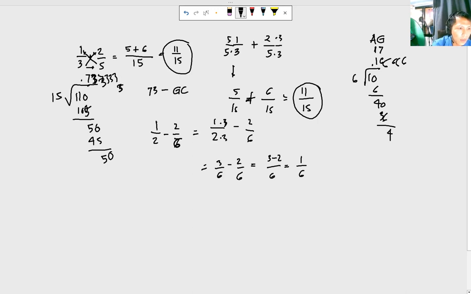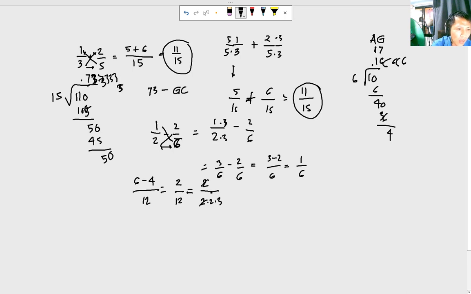So again, the steps are the same. Multiply, multiply, multiply. You have 6 times 1, that is 6. 2 times 2, that is 4. 2 times 6, that is 12. So 6 minus 4 is 2, all over 12. Now, your 12 can be divided by prime numbers, that is 2, 2, and 3.